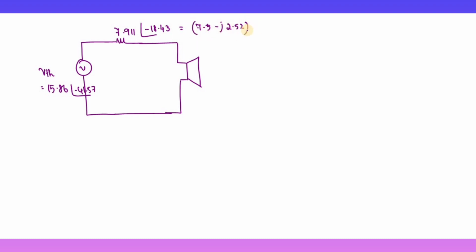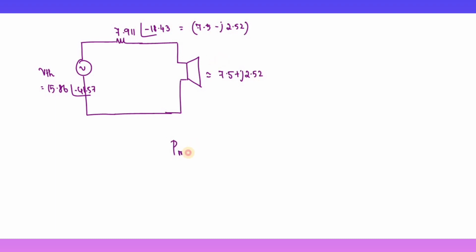Okay. So if this is the value, this impedance must be 7.5 plus j2.5. Okay. This minus should be converted to plus. Okay. So if this is the case, you will get the maximum power.